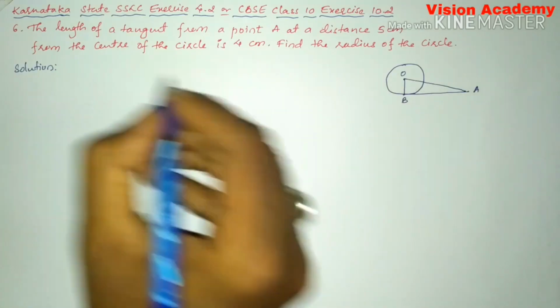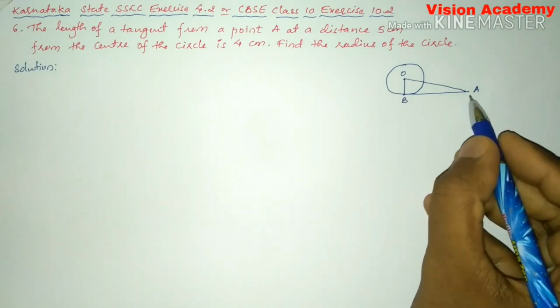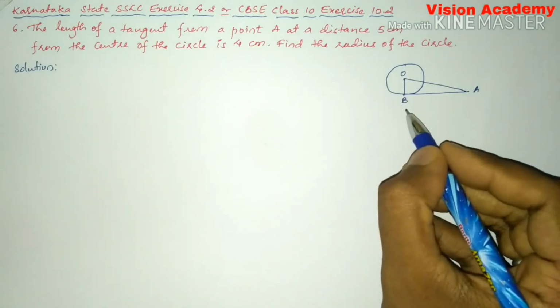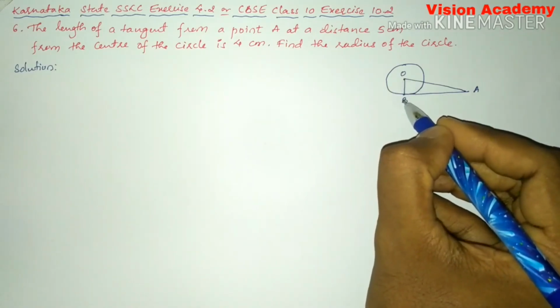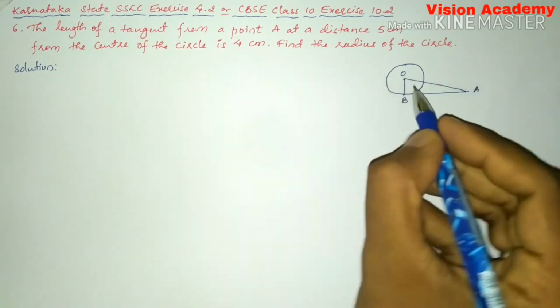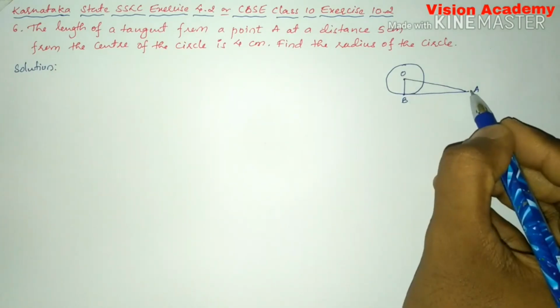In the figure, O is the center of the circle and AB is the tangent at the point of contact B. Now OB is perpendicular to AB. So therefore we got the right angle triangle OBA.